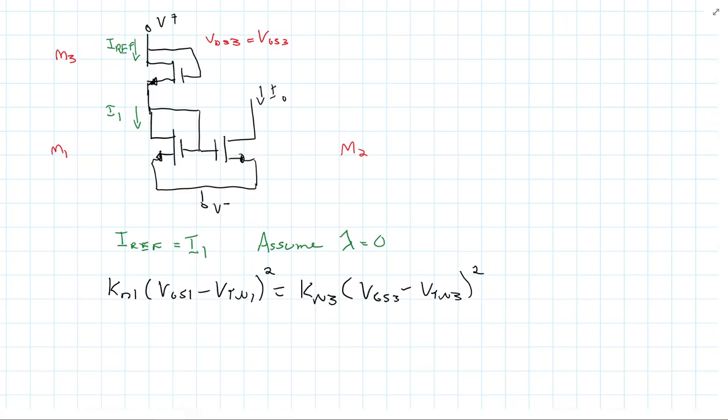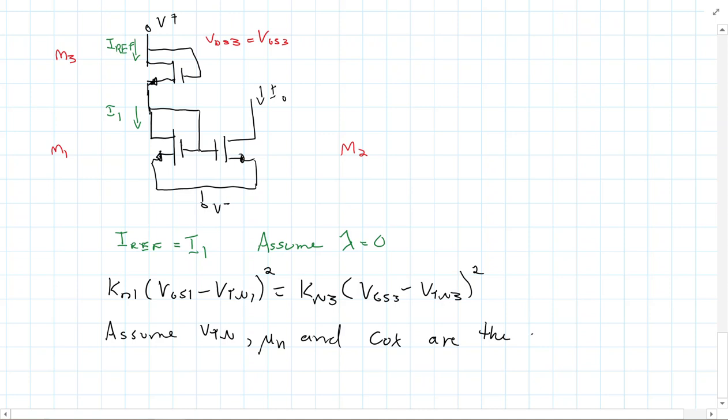But then we're going to assume VTN, mu-n, and Cox are the same for both transistors.